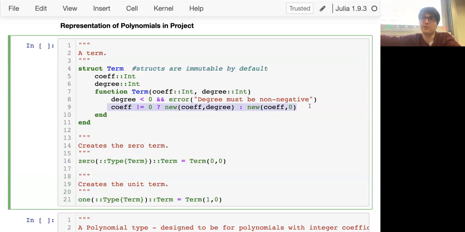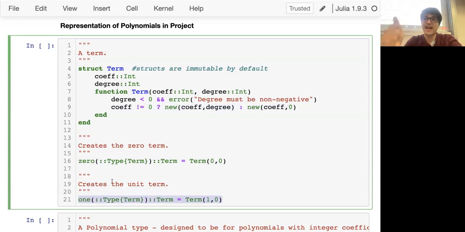I said this a couple weeks ago, or maybe last week. Zeros are going to be a huge problem, because we have to designate one 0 and make sure that's the 0 we use every time something should be 0. So this struct term is smart. It's only constructing legal terms. It would be impossible to generate the 0 x squared term if you have to go through this constructor. That's good design, prohibiting the user from doing something illegal. Here's how you get the 0 term, and here's how you get the 1 term.